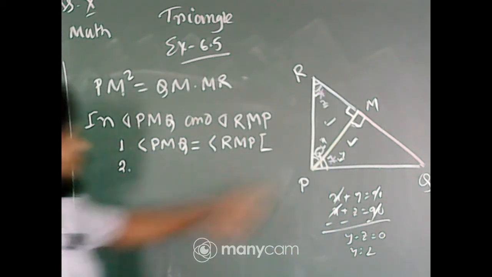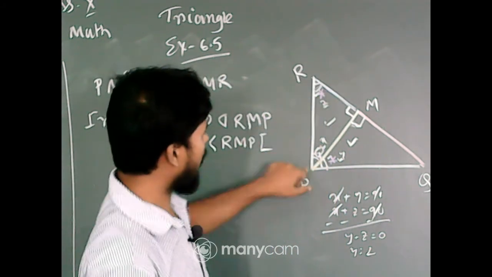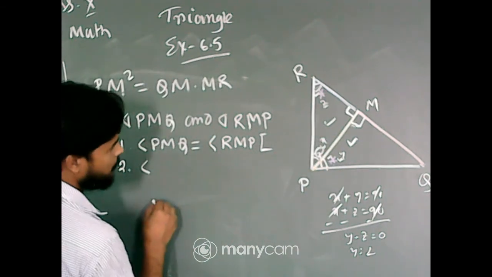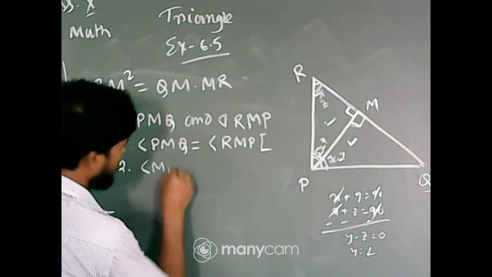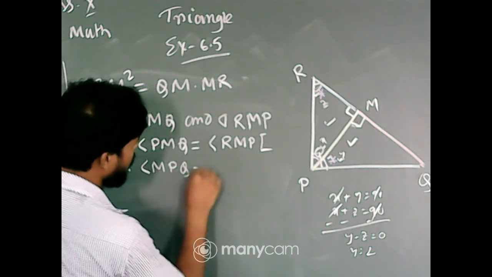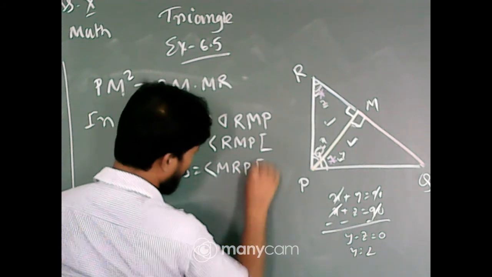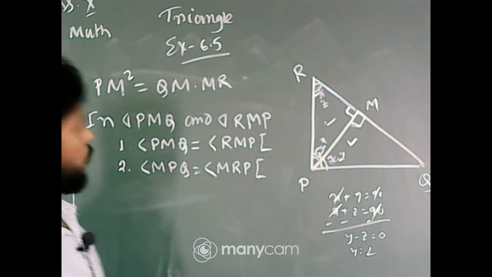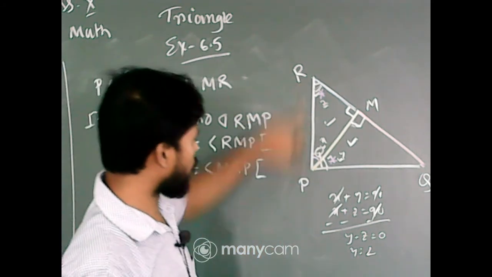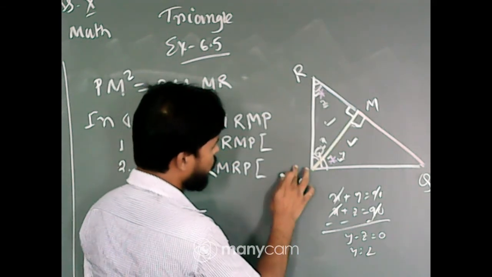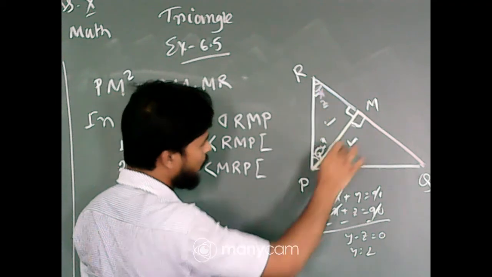Or you can say both are the complementary angle of RPM. So the second condition is angle MPQ is equal to angle MRP. Now we will write the reason: because both are complementary angles of RPM.